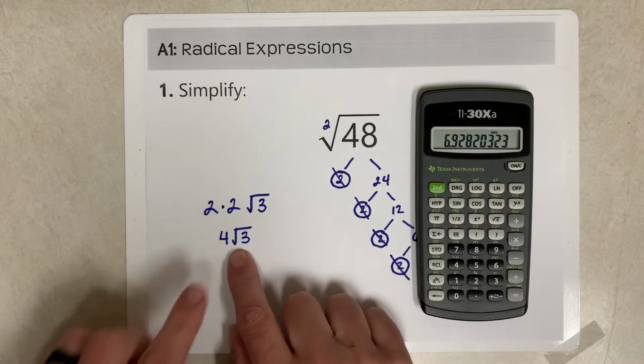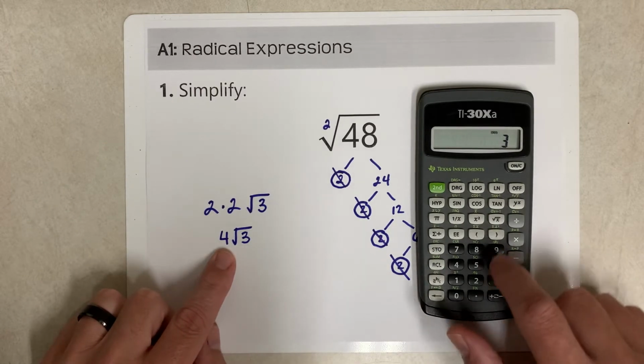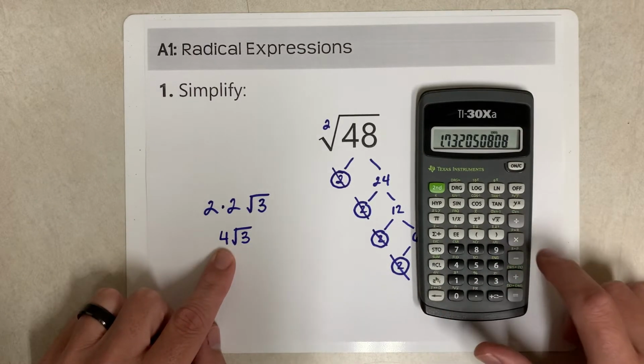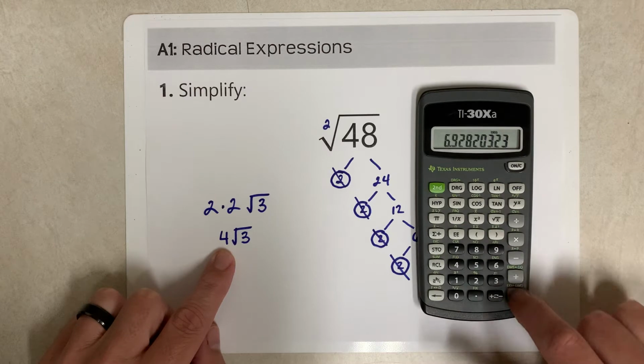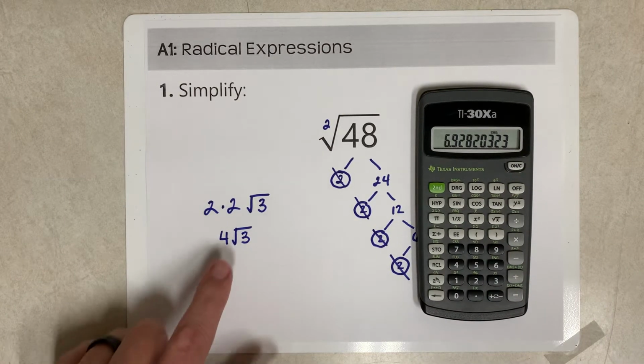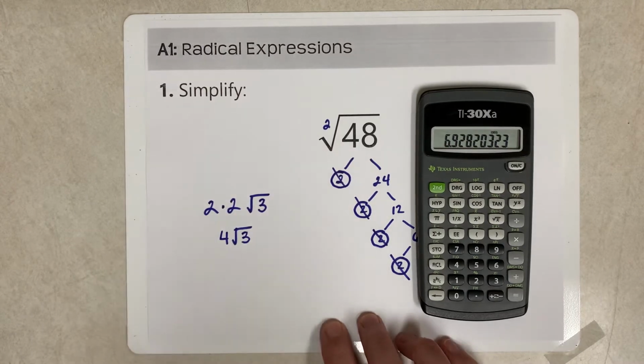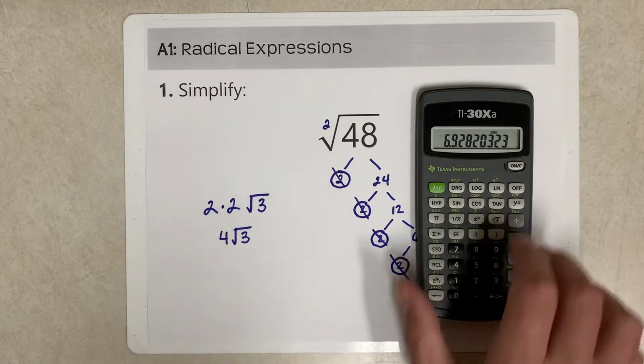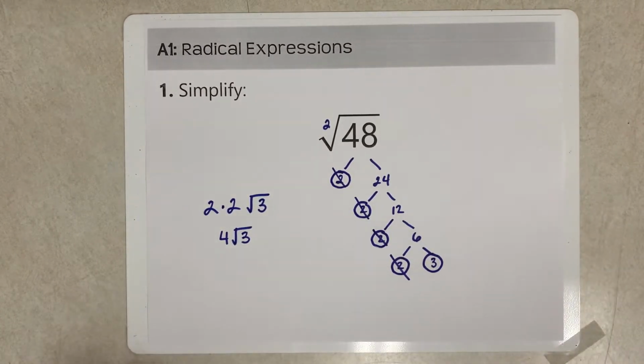Also, you can take 4 times the square root of 3 and get the same exact decimal. So now I know for sure that these two numbers are equivalent, but this is the one that's been simplified. I'm not going to do that every time, but if you have a calculator handy, you can check your work. So 4 root 3 was the answer for that one.